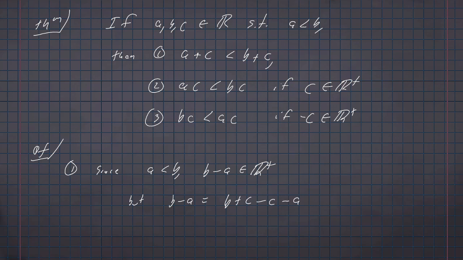Right? B minus a is the same thing as b plus c minus c plus a. And we can group b plus c together. We can take out the negative using the distributive property. The negative of c plus a is the negative c plus the negative of a. And we can, of course, rearrange using the commutative property of addition.